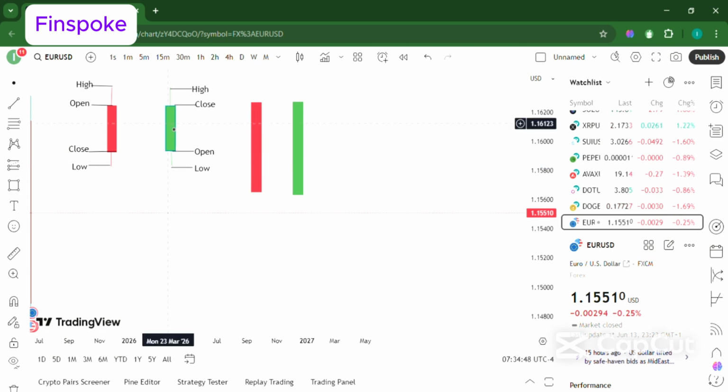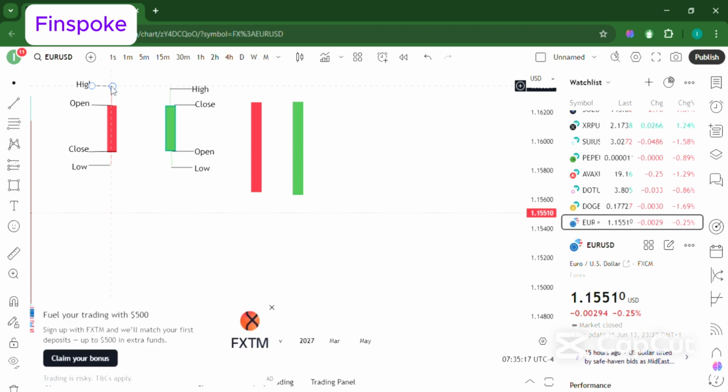A bullish candle, a bear candlestick, or a sell candlestick opens up like this one that is having a high. When it opened, it moved high, got to this point, and was pushed down before it started coming down to close at this point. What this simply means is this market opens here.